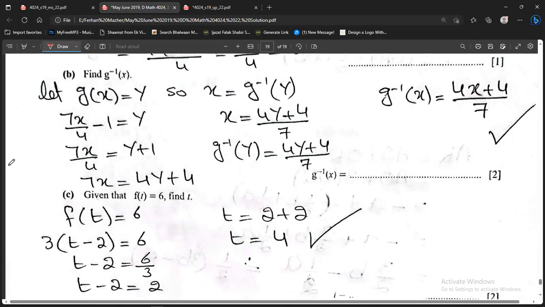I will take this minus 1 to the other side, and that's 7x/4 equals y + 1. So 7x is equal to 4y + 4.